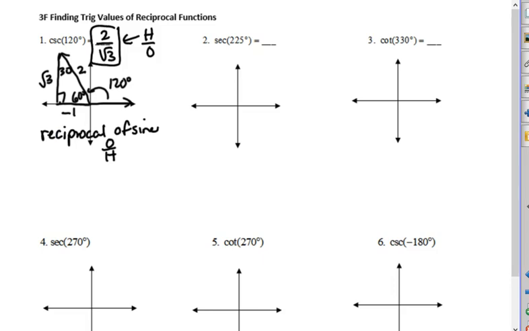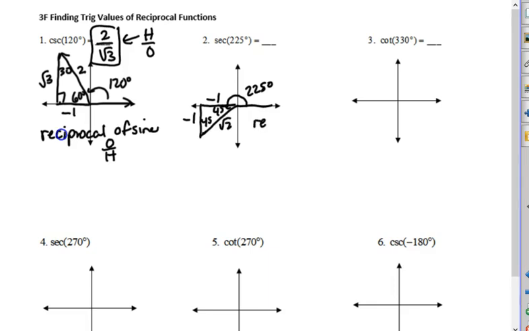Secant of 225. Let's draw a 225 degree angle. This is going to have a 45 degree reference angle in quadrant 3. So when we label the sides of the triangle, it's going to be -1, -1, positive square root of 2 for the hypotenuse.